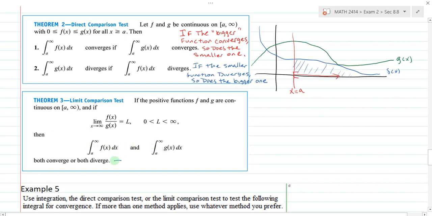This means that they do the same thing, meaning they're both going to converge or they're both going to diverge. That's called the limit comparison test.